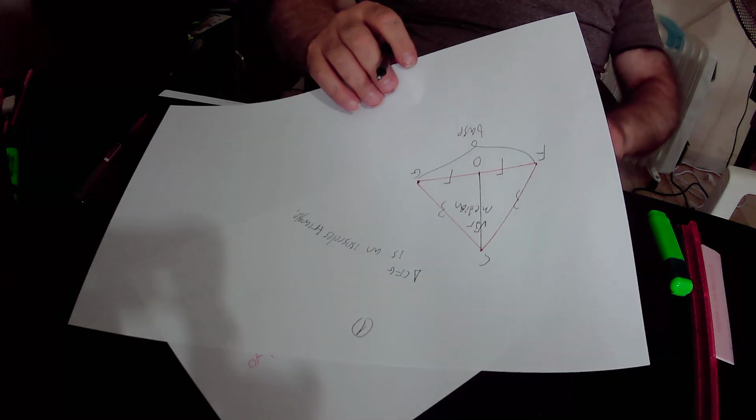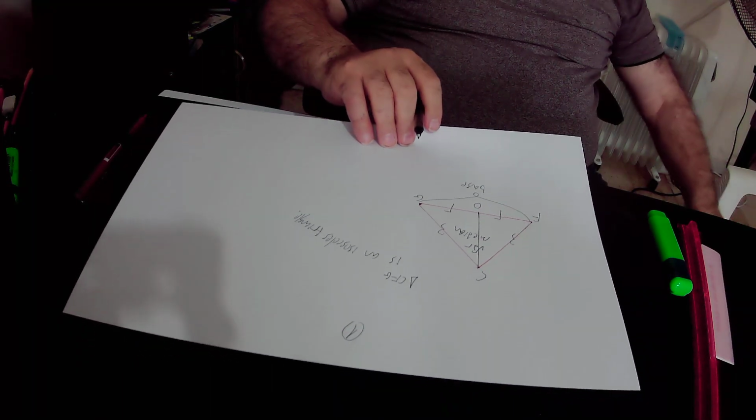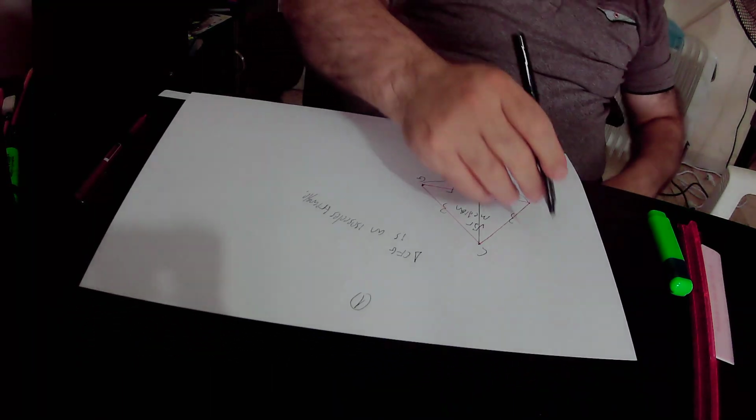But we have also rule number 4 that is related to the median to the base of an isosceles triangle.